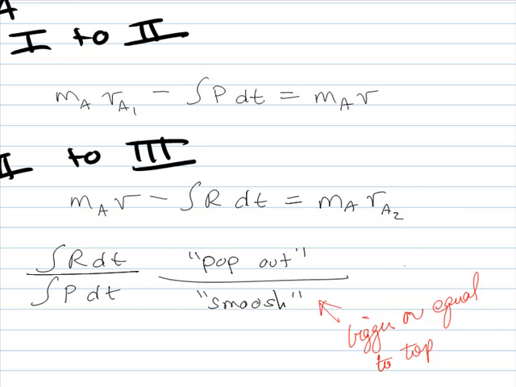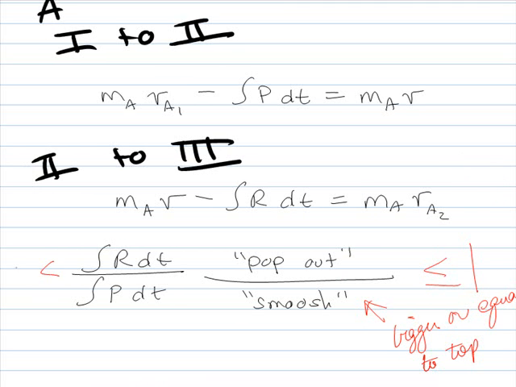So this ratio will always be less than or equal to 1. That's the reason we set up this ratio like this, because we can scale it from 0 to 1. We could have just as easily done it the other way, but then our number could have gone from 0 to 100 million or whatever. So we're going to look at this specific ratio because it will always be less than or equal to 1, and again, between 0 and 1.